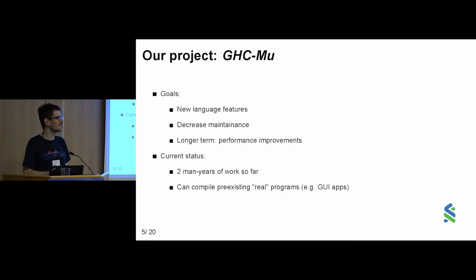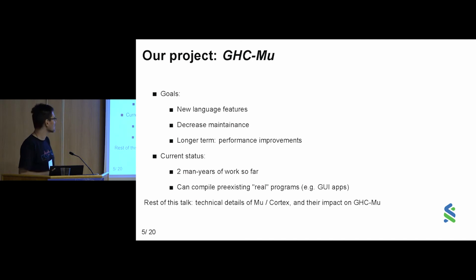The current status is that we've put about 2 man-years of work into it, and we're already at the point where we can compile pre-existing real Mu programs. Programs that were written for the old compiler, we can compile with the new compiler, and the result runs and behaves correctly, and not just hello world, but complicated GUI apps.